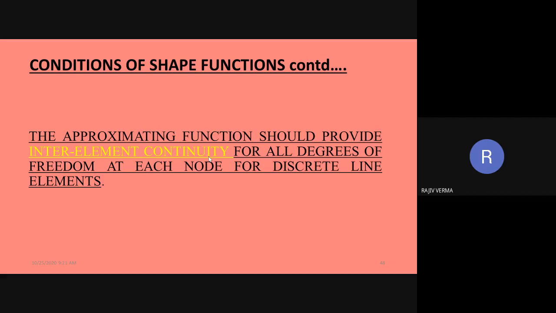Since we are talking about a line element, two line elements are going to be in contact at a particular point. So the mathematical equation should be continuous at that particular point only. That is inter-element continuity. And when loading is being done, two elements actually do not break contact.